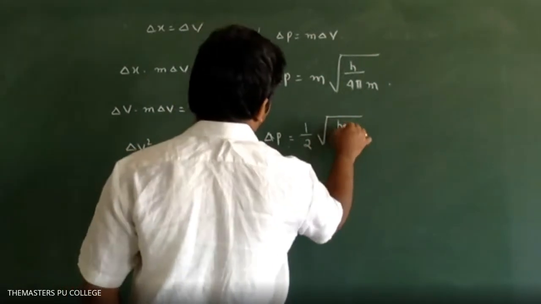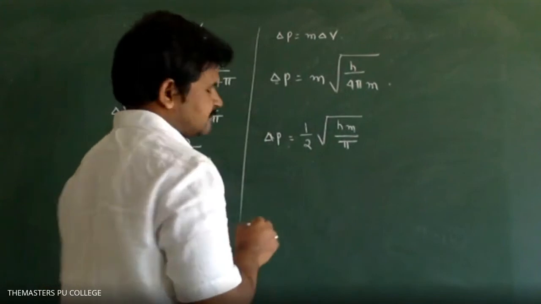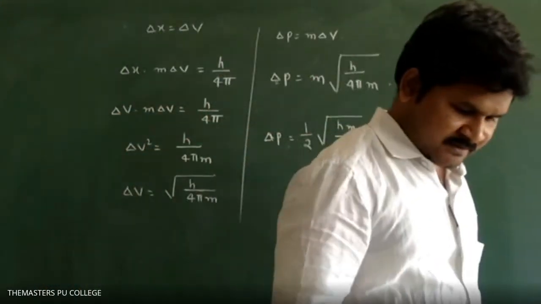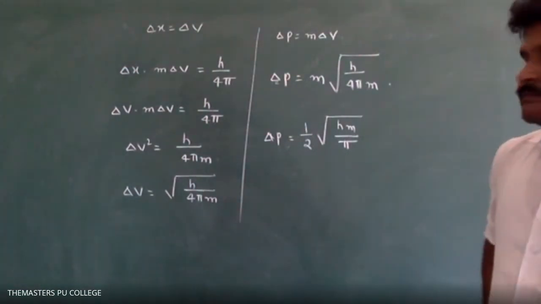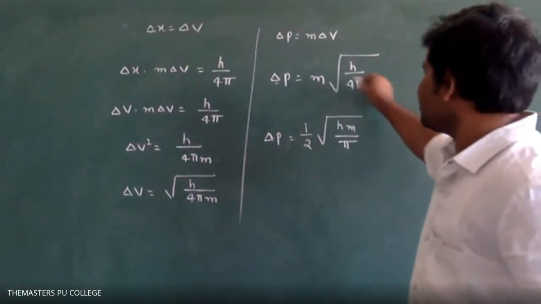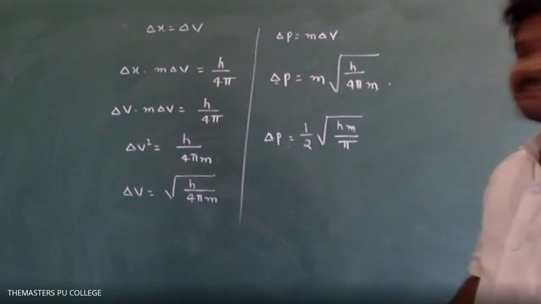So h m by pi. Simplify by the m value, we get finally delta p is equal to 1 by 2 root of h m by pi.